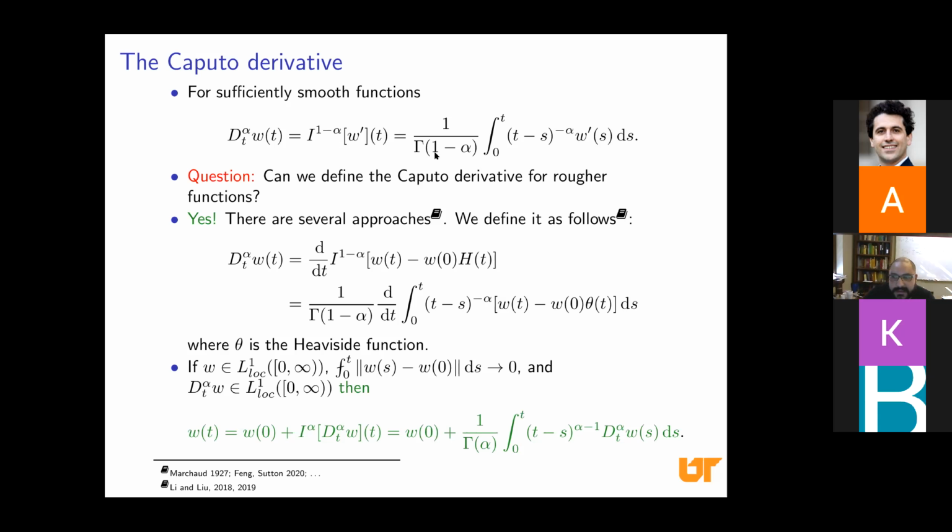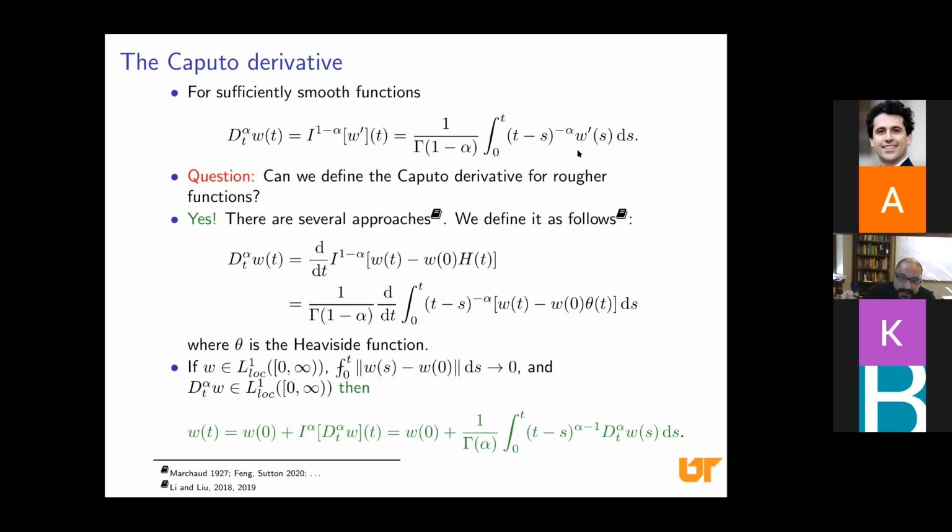You see that this is exactly why people use this Caputo derivative to describe memory, because what you're doing is taking a weighted average of the derivative over all instants of time.